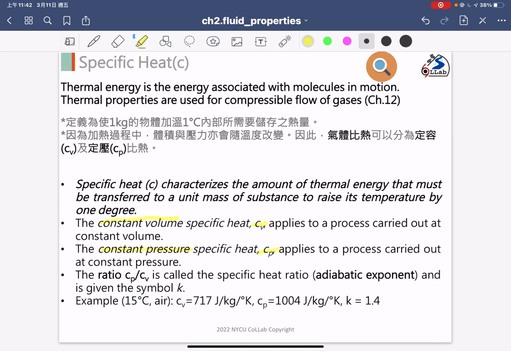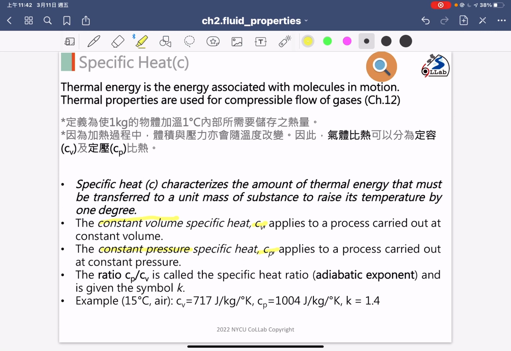And why we do that, as I mentioned, is because we are focused on the specific heat for the gas. But the gas will change some physical properties depending on the temperature and the pressure. So when you do laboratory experiments to measure the specific heat, you need to fix the pressure or fix the volume, and you have different answers for the specific heat.